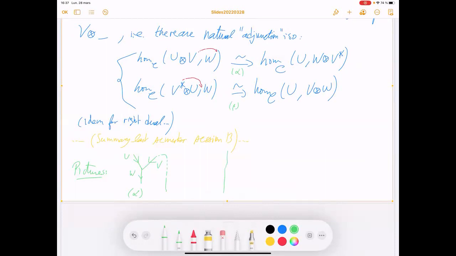And for the other one, I need more space. Then for beta, you do like that: U, W, V star. So what is the point? Is it like that? No, not here. So you start.